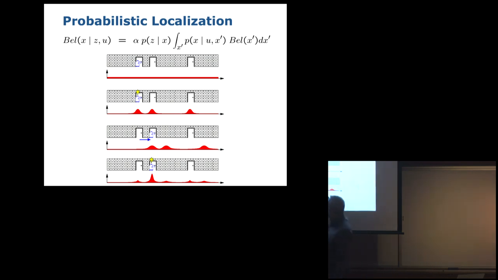You can imagine this as a process of convolving this distribution over here and shifting it according to the movement. That would be a very naive implementation of this, but in principle, you basically need to calculate this integral over here. This convolution operation typically smoothes things out, and you get a distribution that is shifted and a little bit more flat. So the peaks are not that high anymore, meaning uncertainty has increased.